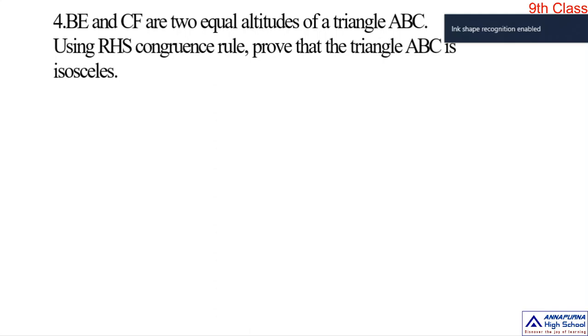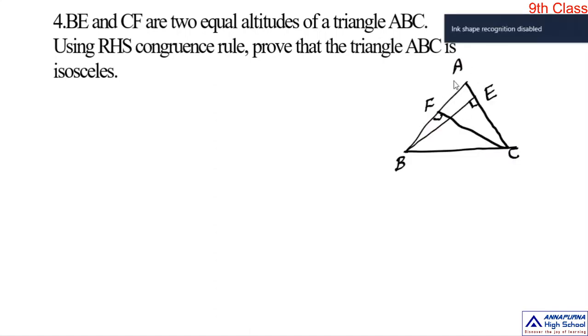First, draw a triangle ABC. Okay, this is triangle ABC, and BE and CF are two equal altitudes of triangle ABC. First, what is the definition of an altitude?